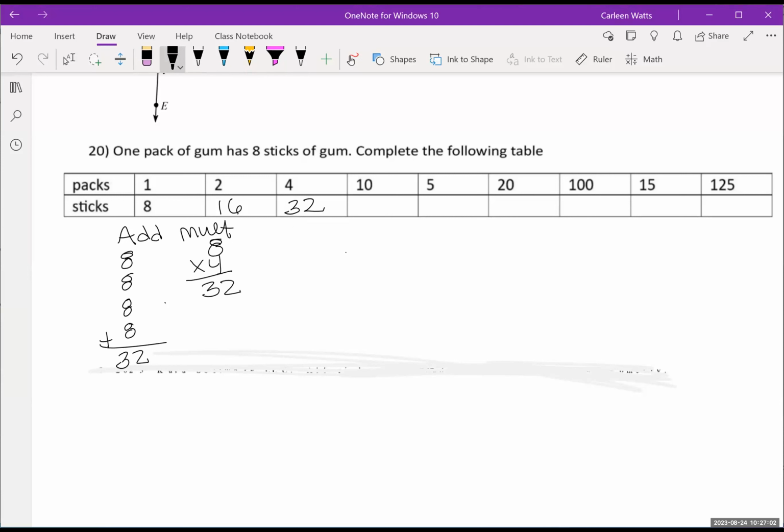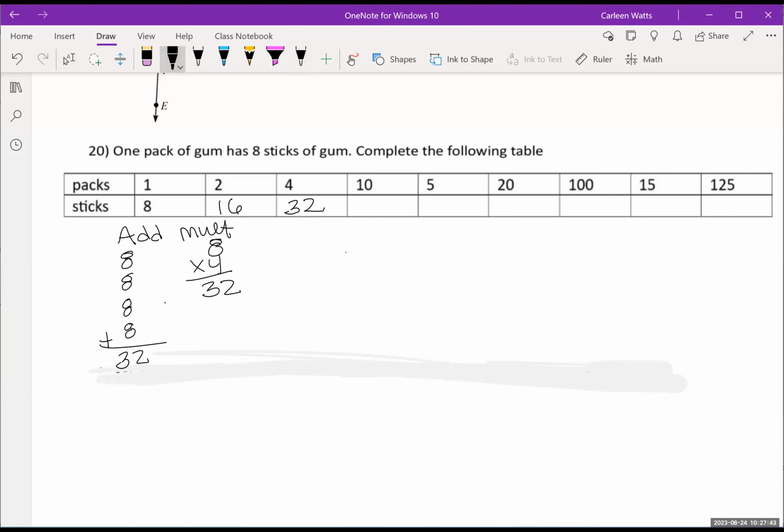Does anyone see another connection based on something we did previously? Subtracting, that would be good, but I don't think we can get it this time.